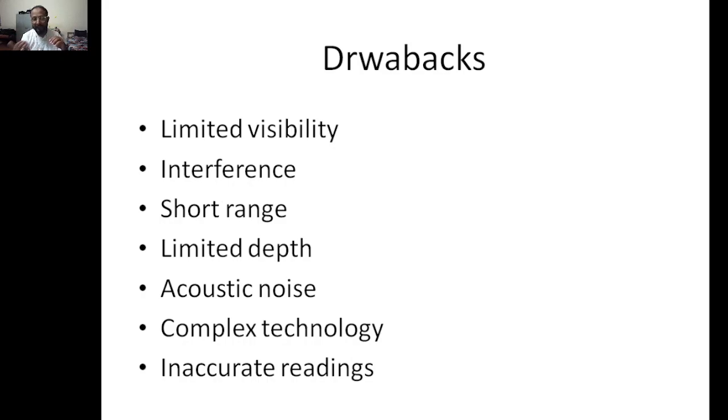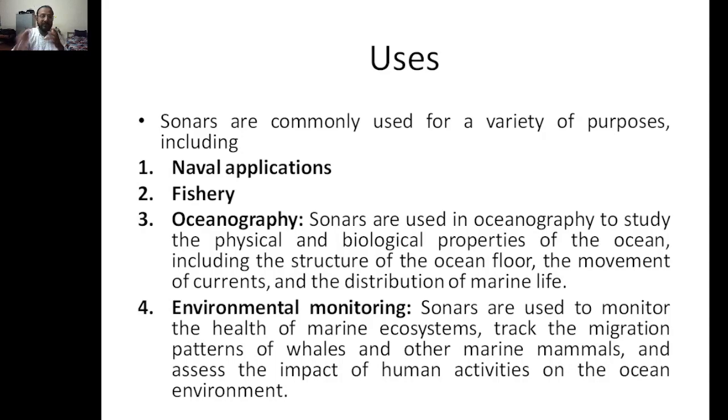The depth is somewhere next to that, where there is again more space. That is the limited depth. Next, acoustic noise will be there. Complex technology is involved in getting accurate readings because of the lot of disturbances. Uses: naval application, fishery, oceanography, and environmental monitoring.